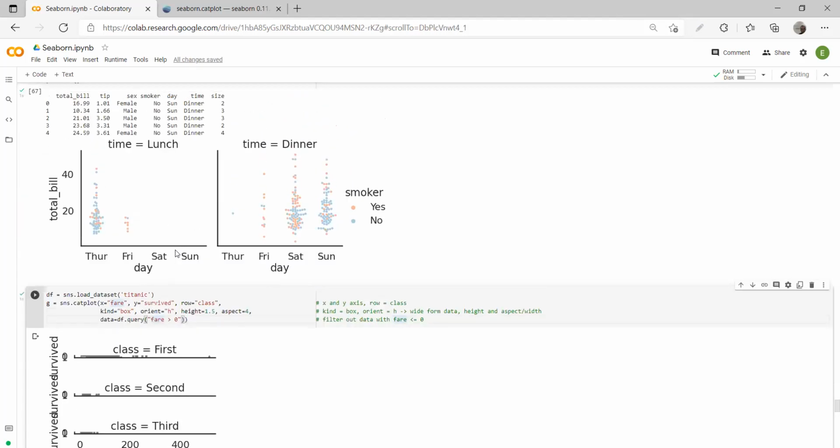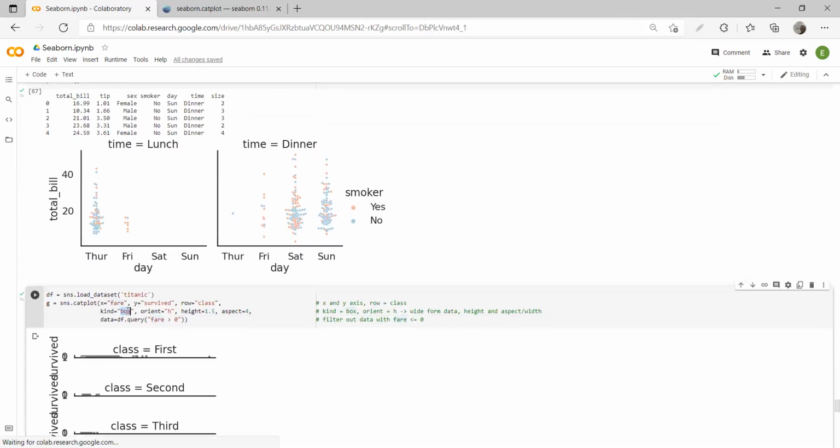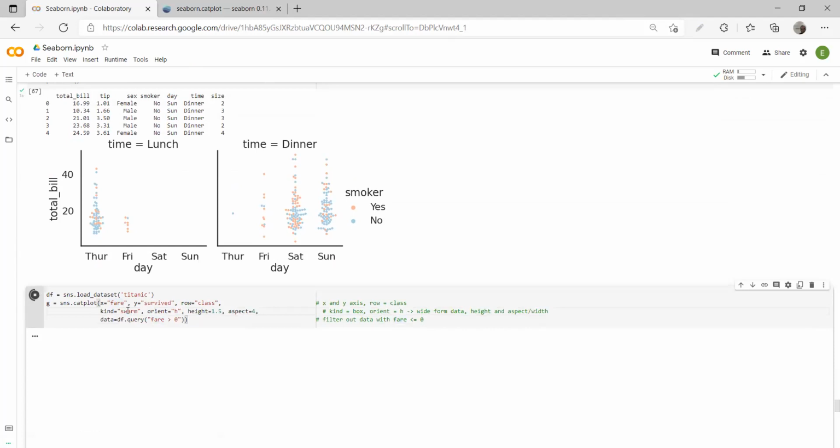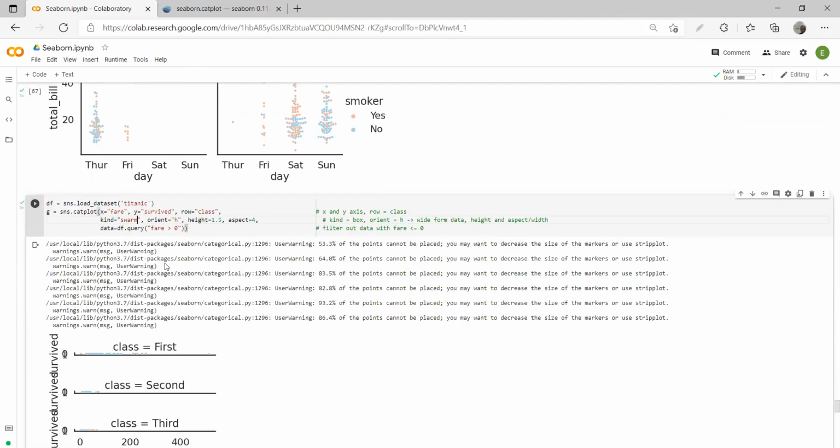Where is greater than 0? Orientation, it's not much visible. What I can do is change this to Y. Let's change it to X. Let's change it to vertical.